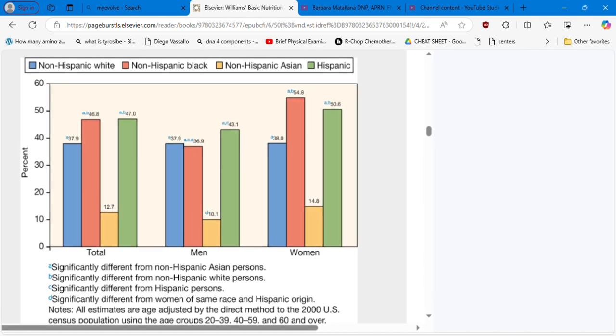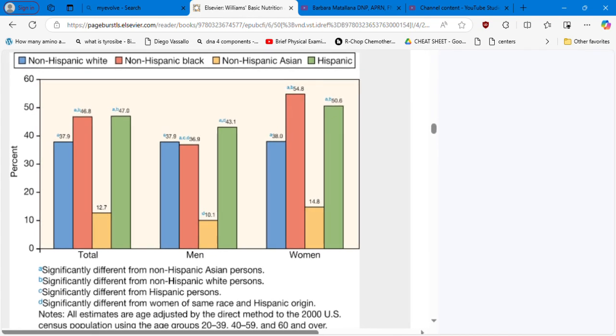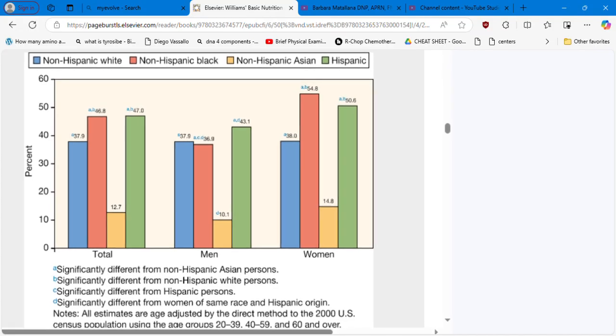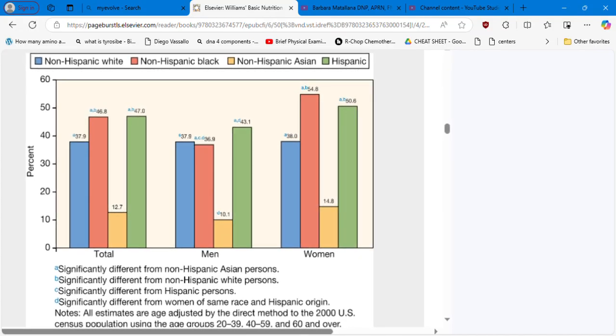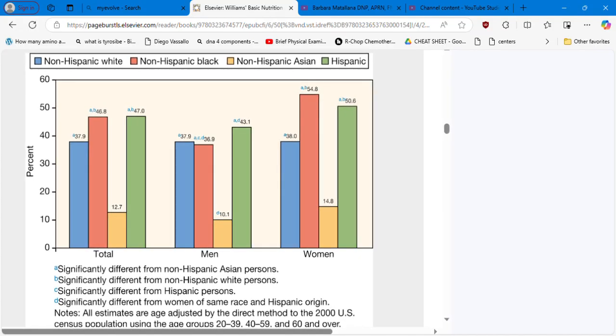Okay, if I make it bigger, if I zoom in, you see there is a letter A and B next to 54.8, which means it's significantly different from non-Hispanic Asian persons and significantly different from non-Hispanic white persons. Okay, and now next group is going to be women again, 50.6, A and B as well, right?